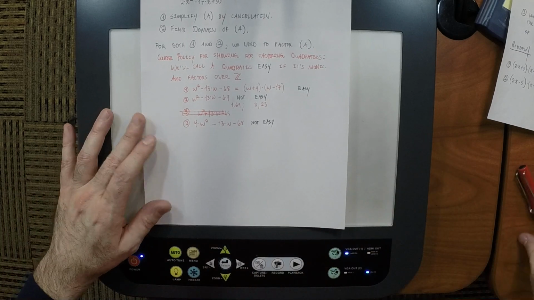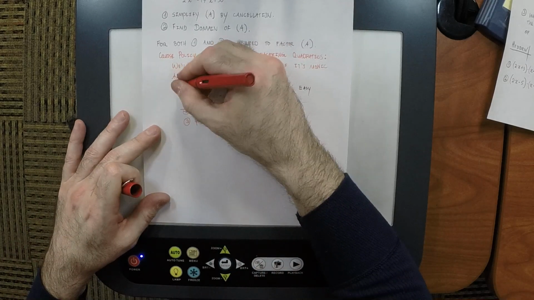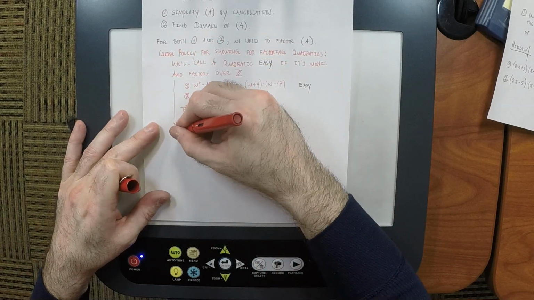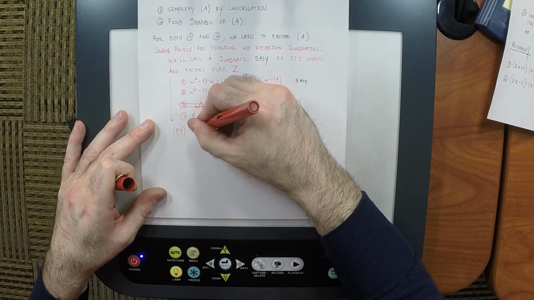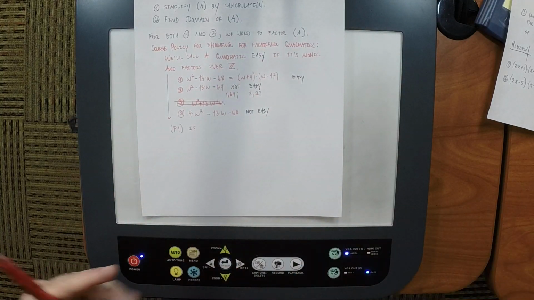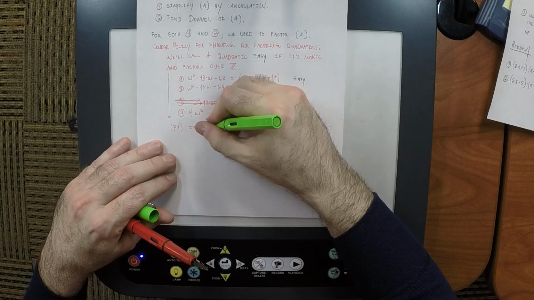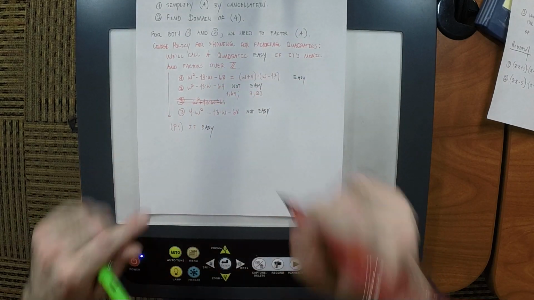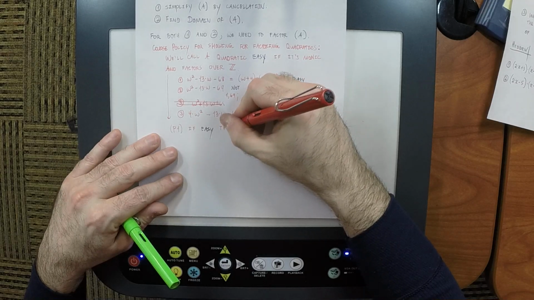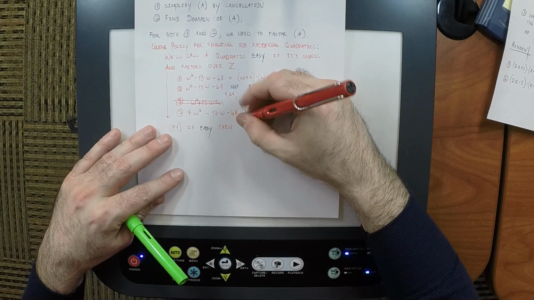All right. So in that case, here's the policy: P1 is that if the quadratic is easy, then no work is required.